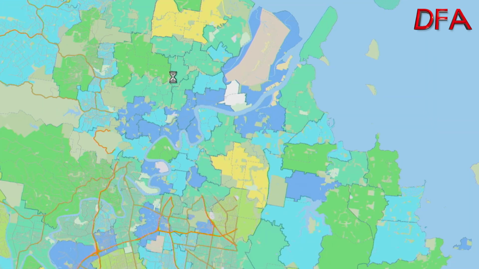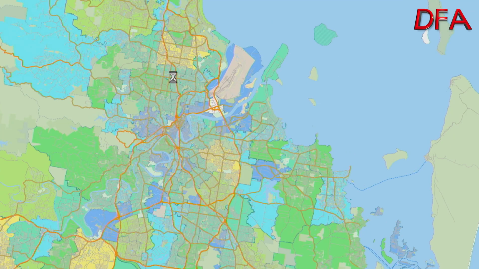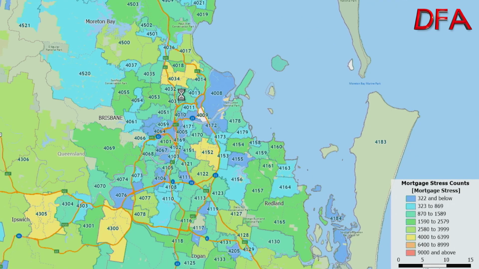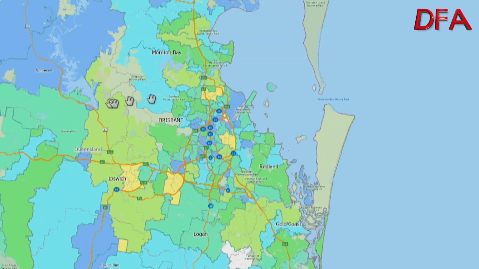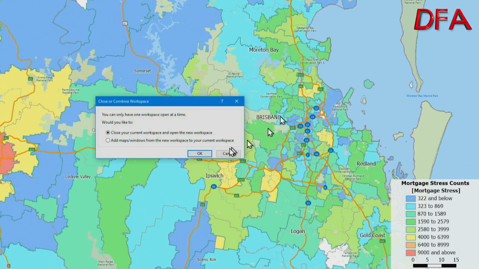And indeed, as you pull out towards the west, or even south and north of Brisbane, you start to see somewhat higher levels, although generally the overall levels of stress in and around Brisbane are not necessarily as significant as in some other areas, but here you have Toowoomba, Ipswich and those sorts of areas where there is definitely more going on. Now, let me quickly go to rental stress and just switch across to there.